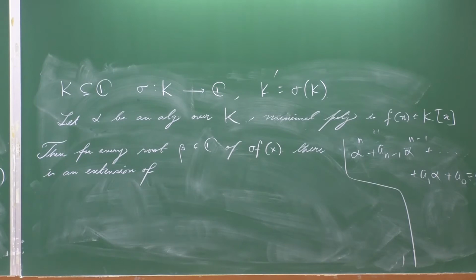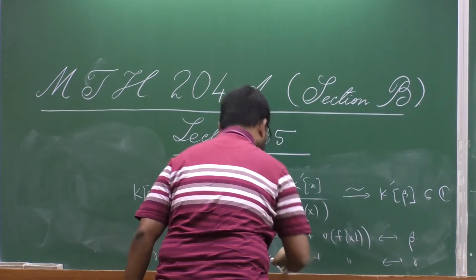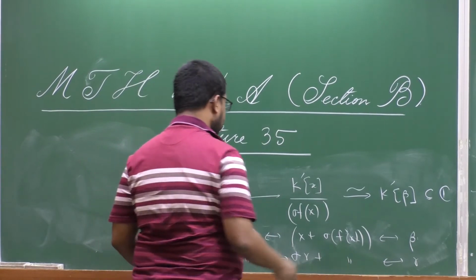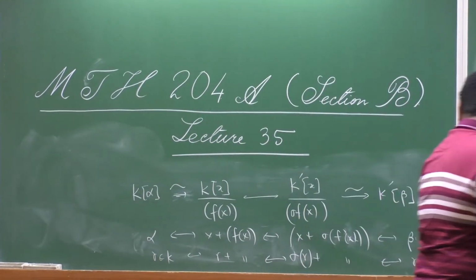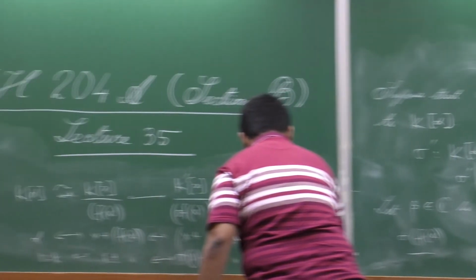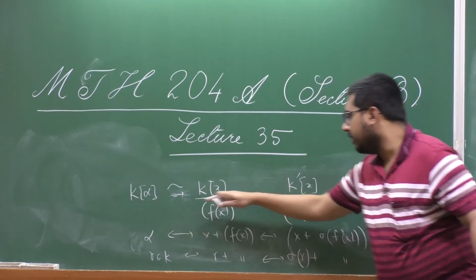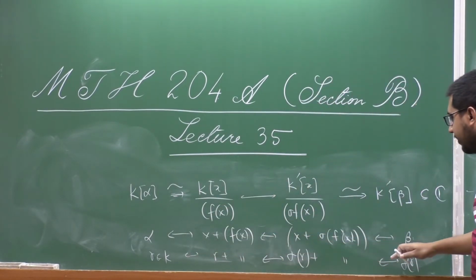Sorry, it will be sigma r, because this is the extension of sigma at the level of polynomial rings and its quotient, sigma r plus this, yeah. So this is sigma r. This clearly shows that this isomorphism fixes and extends sigma.